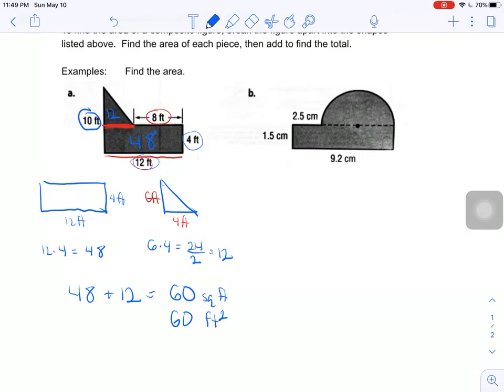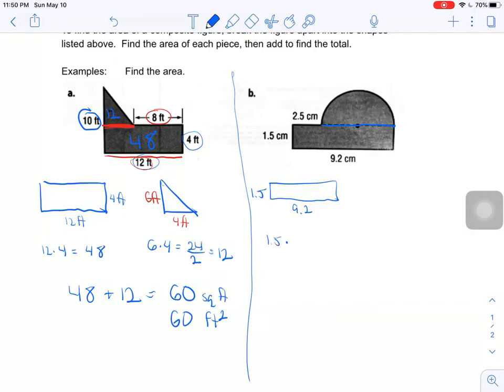So let's look at the next one. So this one looks like we can come right along here, and if we cut this off, we can divide this into a rectangle and a semicircle or a half circle. So kind of go like this to keep our work separated. We can deal with the rectangle first because we have everything we need labeled for the rectangle. The bottom of the rectangle is 9.2 centimeters.